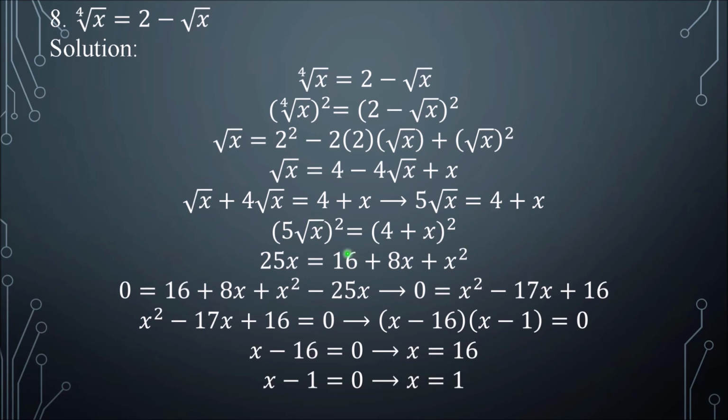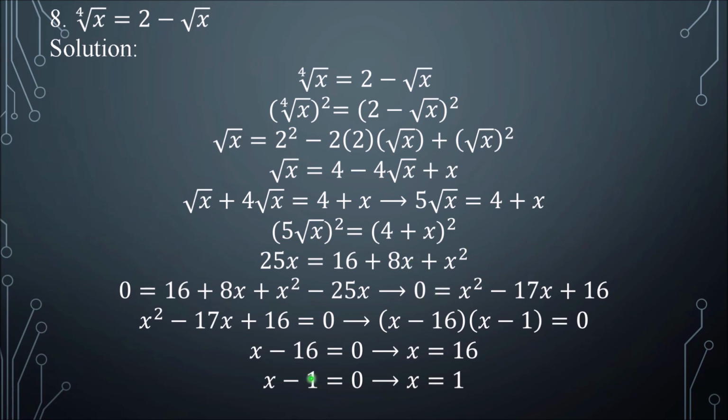Now, squaring both sides to remove the radical sign, we have 5 squared is 25, square root of x squared is x. Squaring this, again, square of binomial, 4 squared is 16. 2 times 4 times x is 8x. Then x squared is x squared.